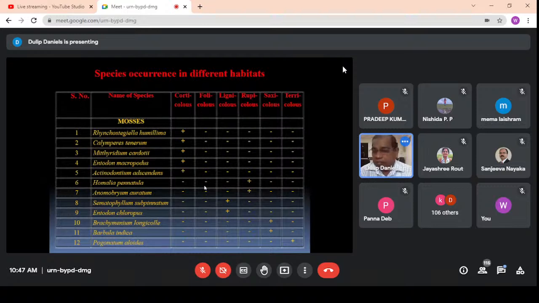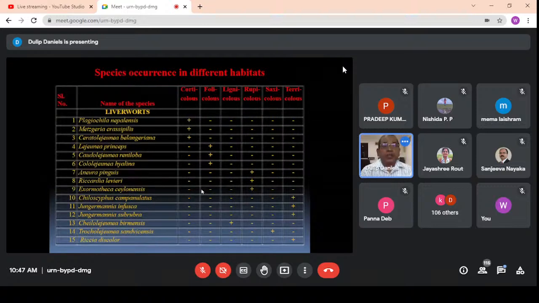But when you come to the liverworts, you can see foliicolous forms, particularly in riparian forests and evergreen forests. Otherwise, they are evenly, more or less, distributed. We find species representation in almost all the types of habitats.